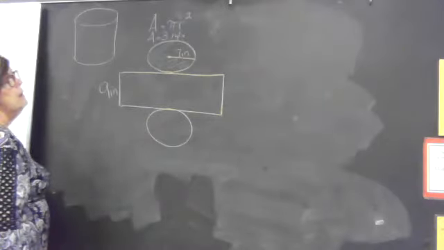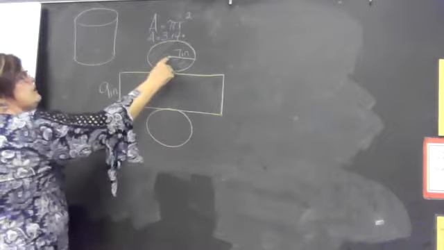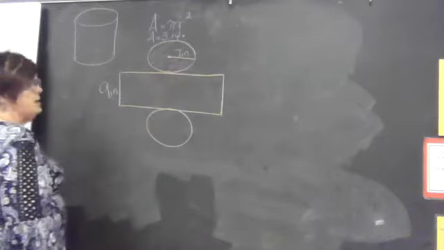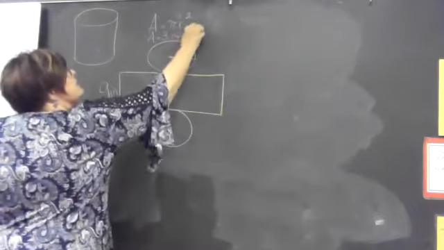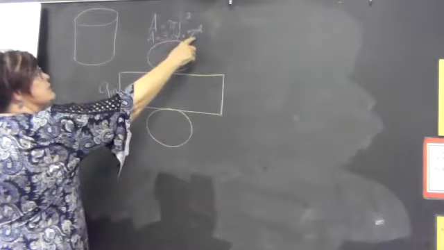From the middle to the outside is the radius. They gave it to us. Times 7 squared. So when you're working this, you need to square this first.